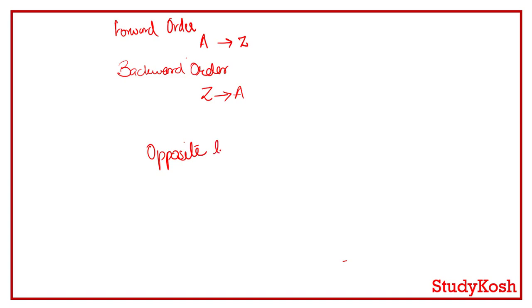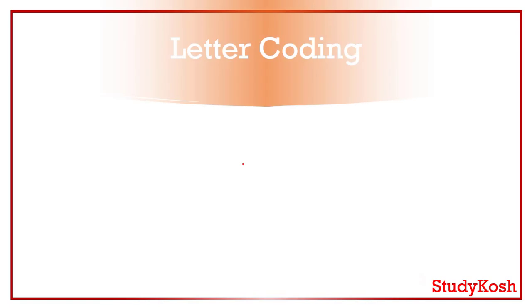We have discussed one trick for it, so I hope you are able to learn that trick as of now. So let's start our chapter, that is coding and decoding.